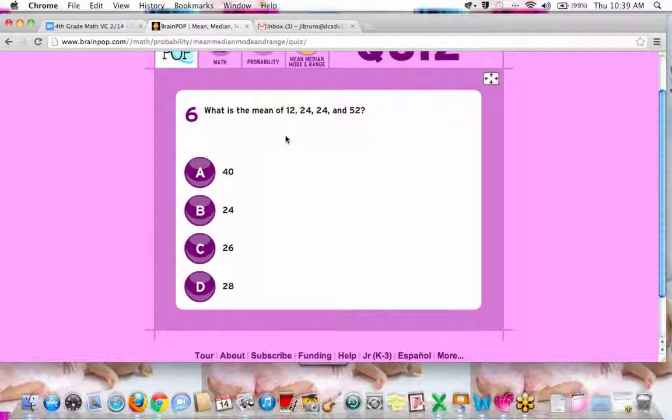So add 12 plus 24 plus 24 plus 52, divided by 4. Good, Jaden.